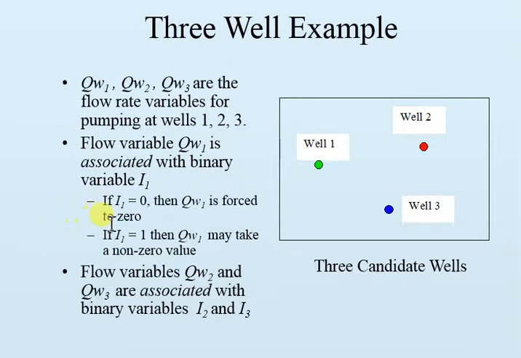Alternatively, if the binary variable takes a value of 1, then the flow variable may take a non-zero value. And this can be stated the other way around. That is, if the flow variable is non-zero, then the binary variable will have a value of 1. And conversely, if the flow variable is 0, the corresponding or associated binary variable will also be 0.